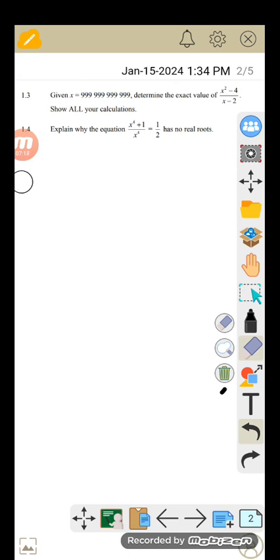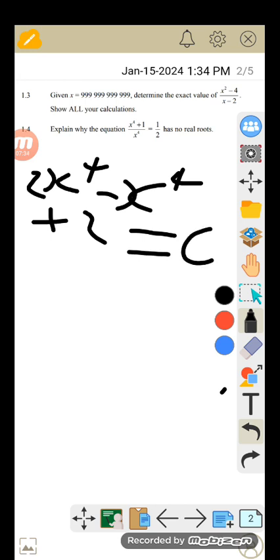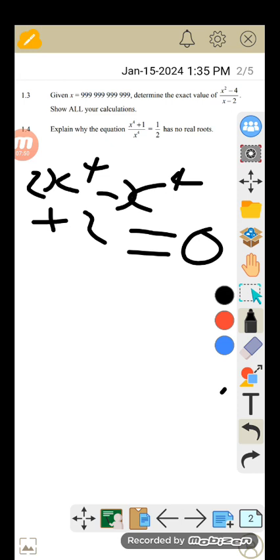We are going to say 2x to the 4 minus x to the 4 plus 2, like this, right? It equals 0. You can see, guys, I just transposed it. I've just taken this part to the left-hand side and changed the sign, and it became negative, as you can see.